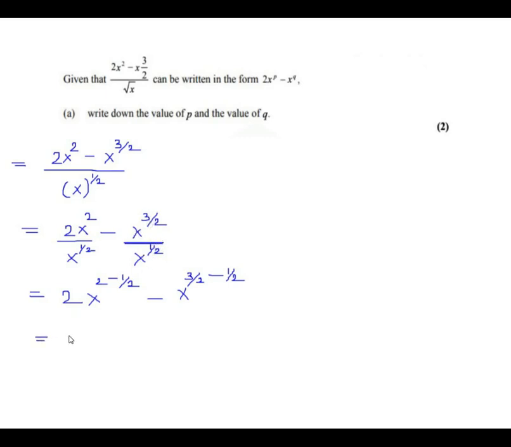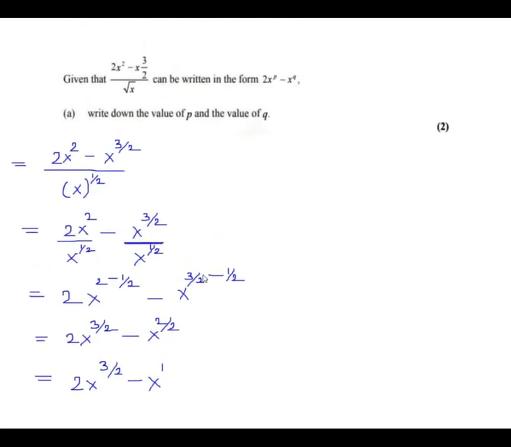Now further solving this, we get as 2x, 2 minus 1 over 2 gives us 3 over 2 minus x, 3 over 2 minus 1 over 2 gives us 2 over 2. So the final step is going to be 2x to the power of 3 over 2 minus x to the power of 1, because 2 over 2 is 1.